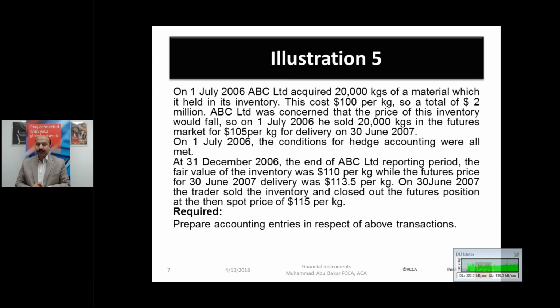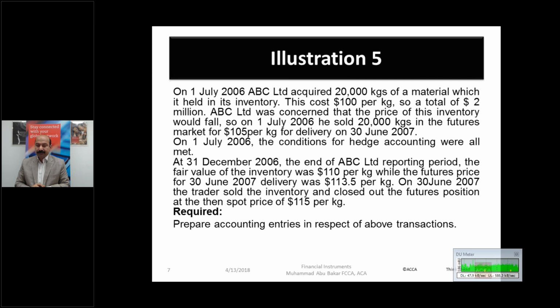on 1st July 2006, ABC Limited acquired 20,000 kgs of a material which it held in its inventory. This cost $100 per kg, so a total of $2 million. ABC Limited was concerned that the price of this inventory would fall.